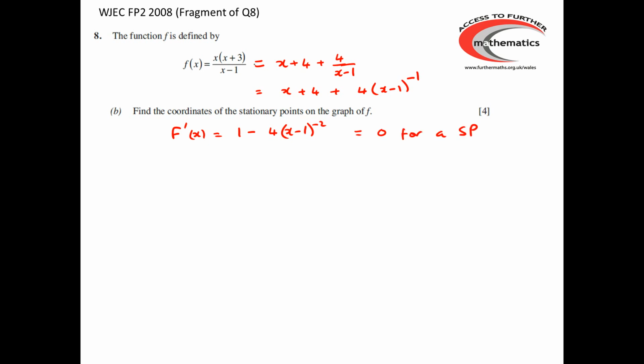And we need that to equal 0 for a stationary point. So we've got 1, take away 4 over x minus 1 squared must equal 0. In other words, x minus 1 squared must be equal to 4. That means that x minus 1 has either got to be 2 or minus 2. So x must either be 3 or minus 1.